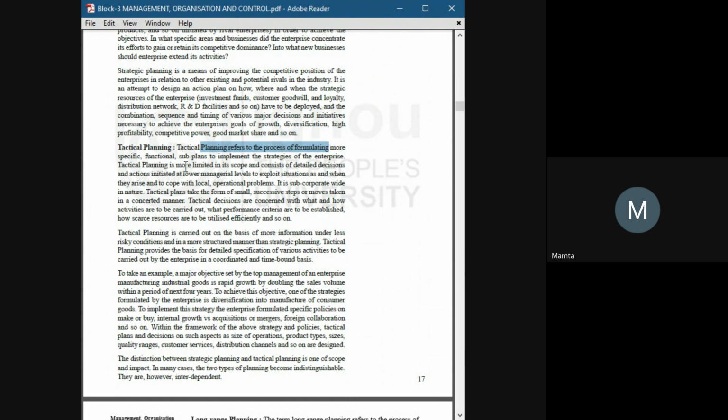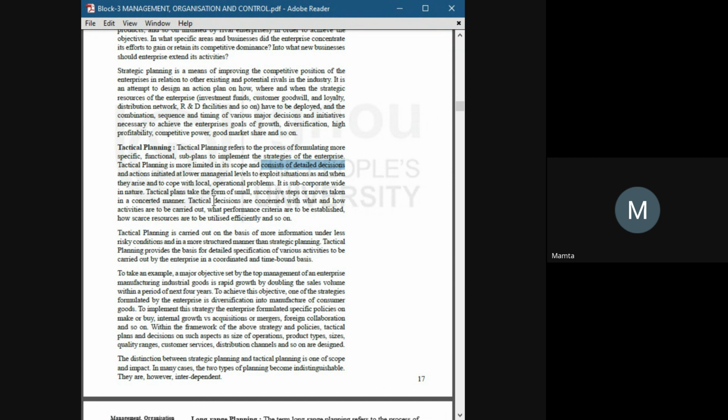Tactical planning is more limited in its scope and consists of detailed decisions and actions initiated at lower managerial levels to exploit situations as and when they arise and to cope with local operational problems.